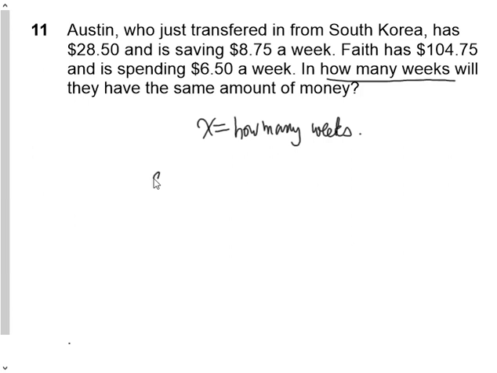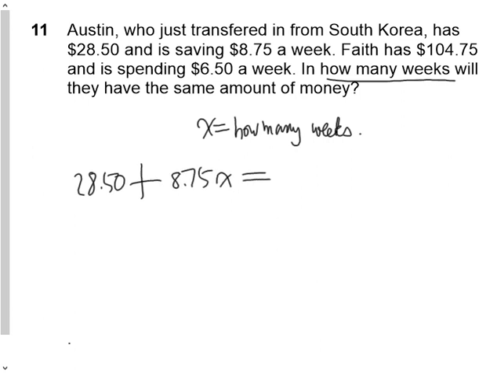He has $28.50, and he is saving $8.75 a week, then 8.75 multiplied by the number of weeks, or x, will represent how much money he saves, because you take the number of weeks and multiply each of those weeks by $8.75 to figure out how much he's saving. So the money he has plus the money he saves by weeks is going to be Austin.